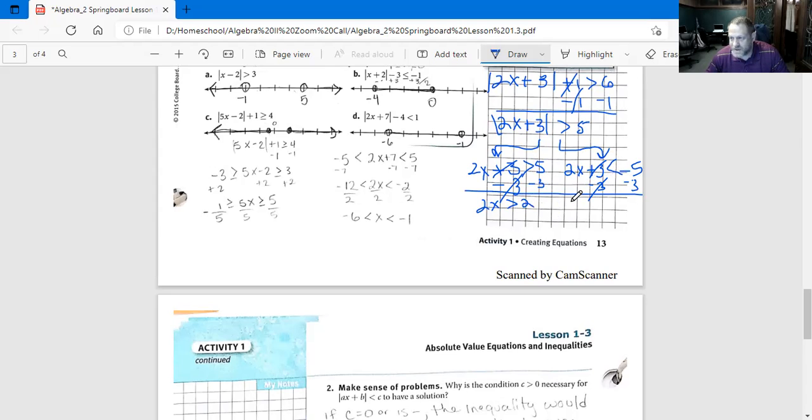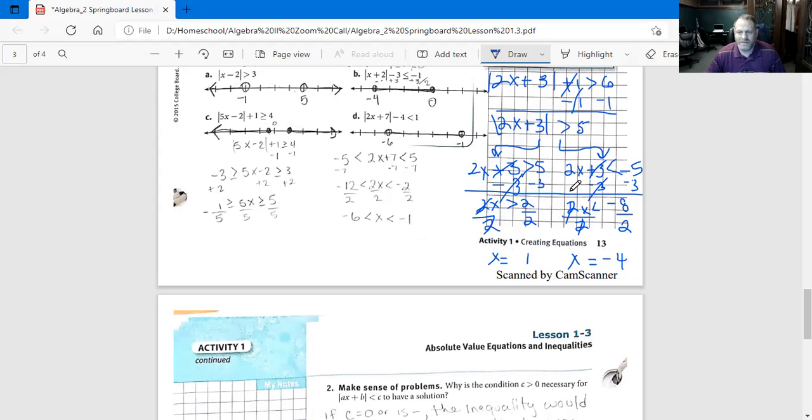Over on this side, I'm kind of multitasking, guys. 2x is less than -8. Divide by that 2, 2, 2, and 2. All right, divide. So x is greater than 1, and x is less than -4.